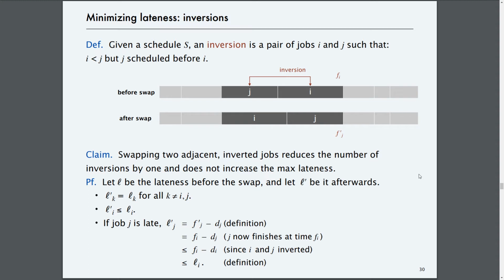And if job j is late, then its lateness will be its finish time in the changed schedule minus its deadline, which was the finish time of i in the old schedule minus j's deadline, which is going to be less than or equal to the finish time of i minus i's deadline.